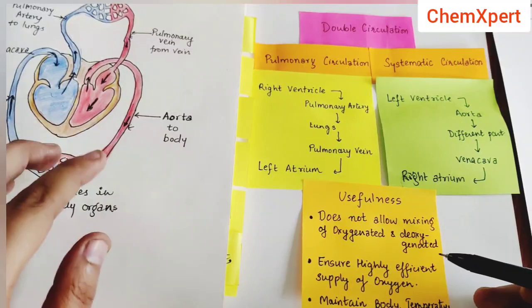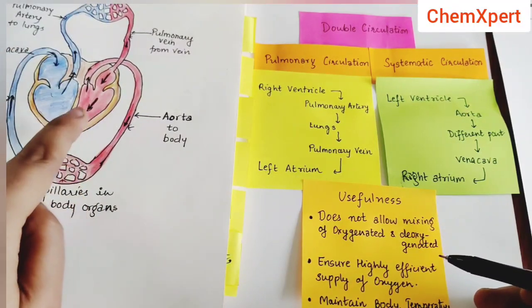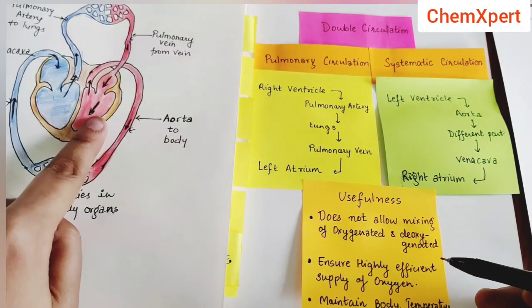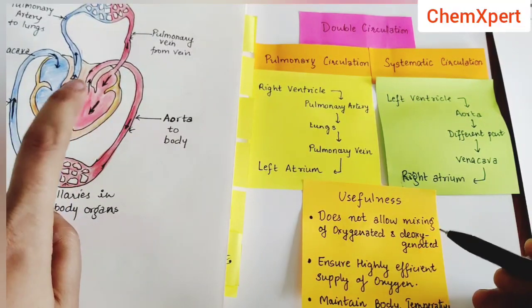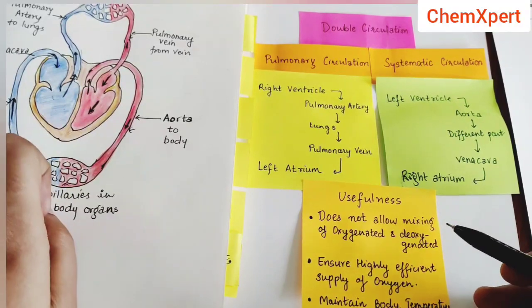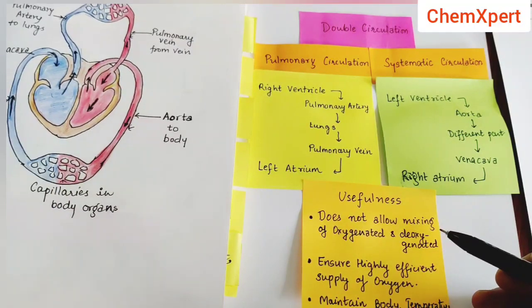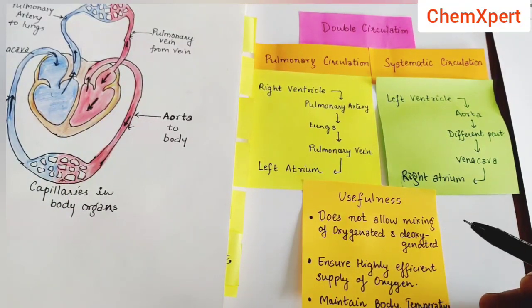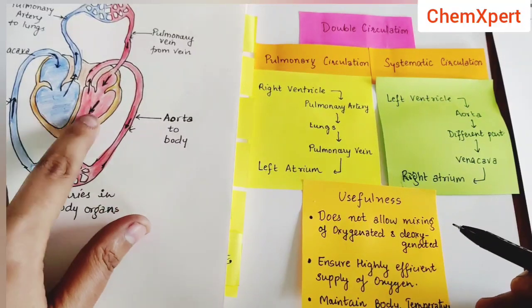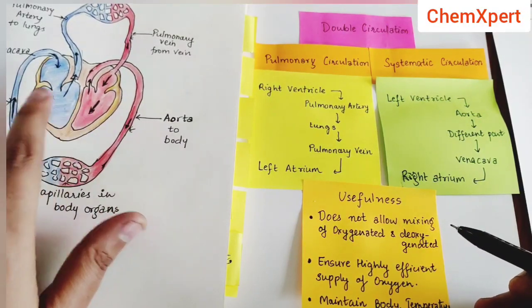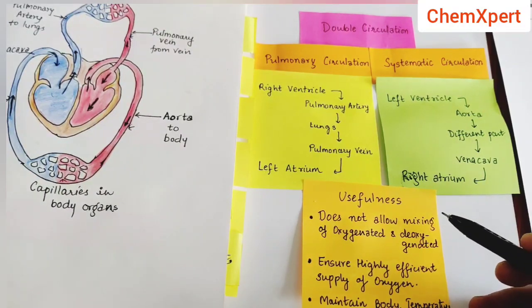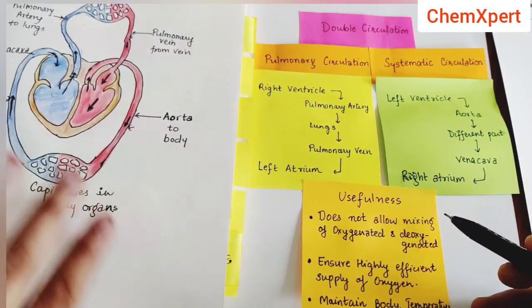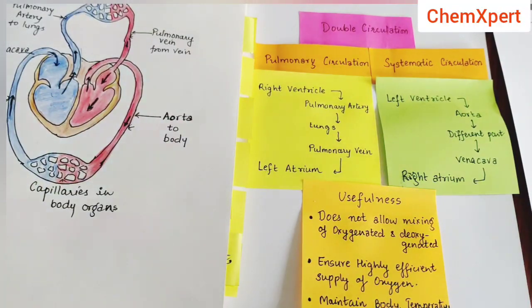Due to this, a highly efficient supply of oxygen is provided to the organism, as the needs of the organism are very high in order to maintain their body temperature. So they require a large amount of oxygen, which is only possible if there is no intermixing of the blood. And this is prevented because of double circulation, which takes place separately in one part and in the other part.